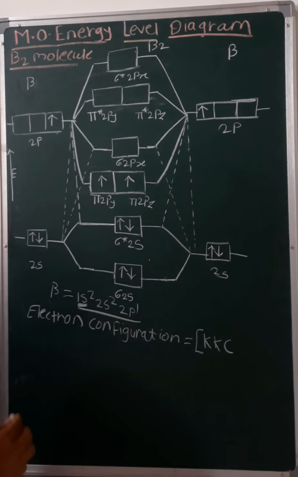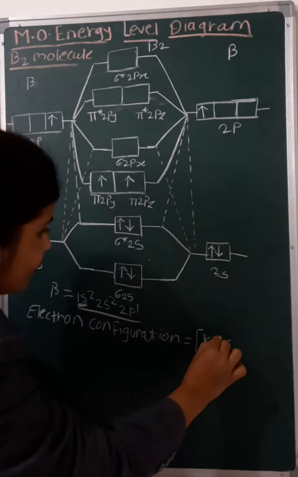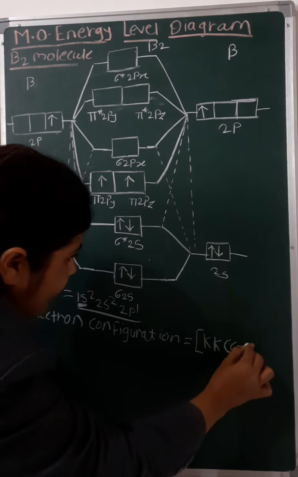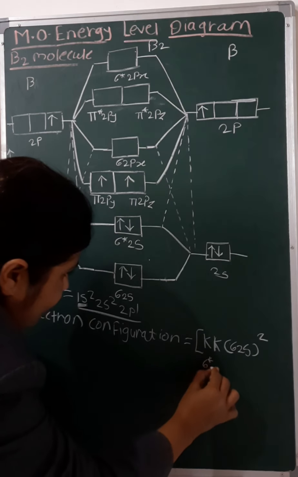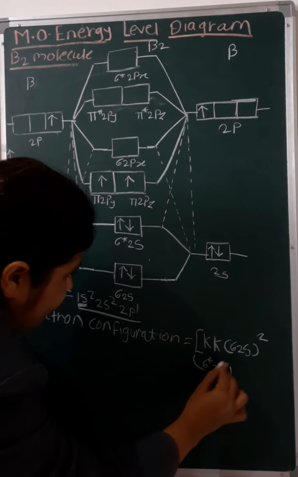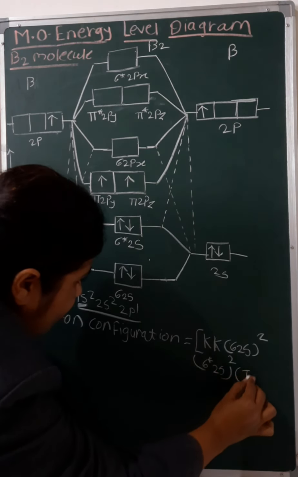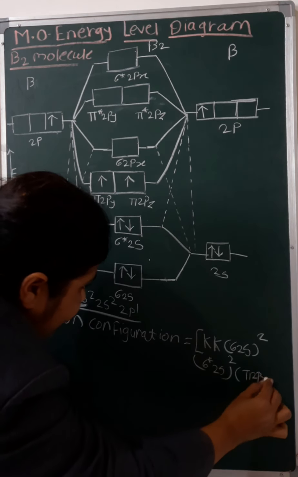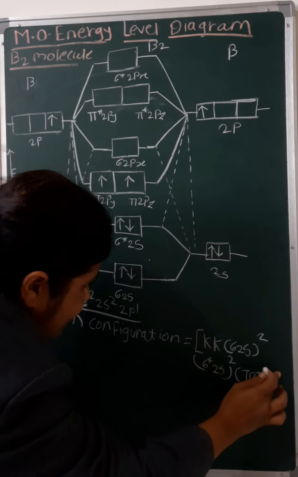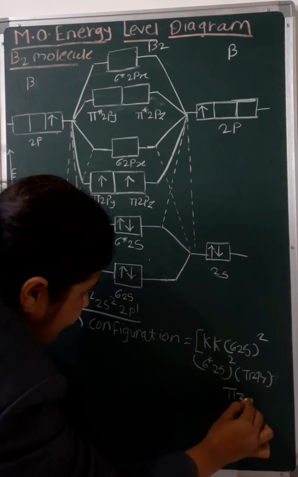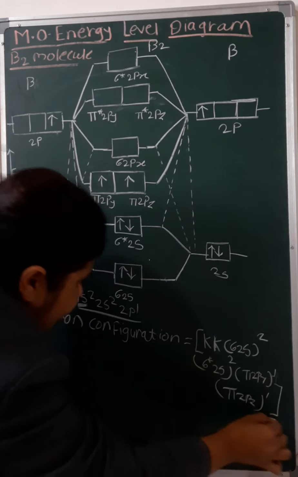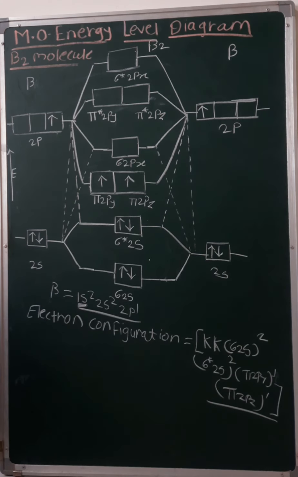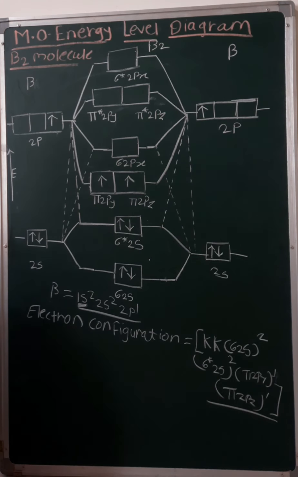KK, then sigma 2s2, sigma star 2s2, and pi 2py and pi 2pz, both having 1 electron. This is the electron configuration of the boron molecule.